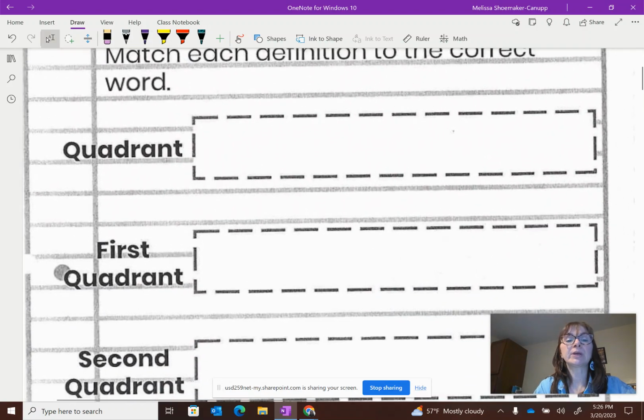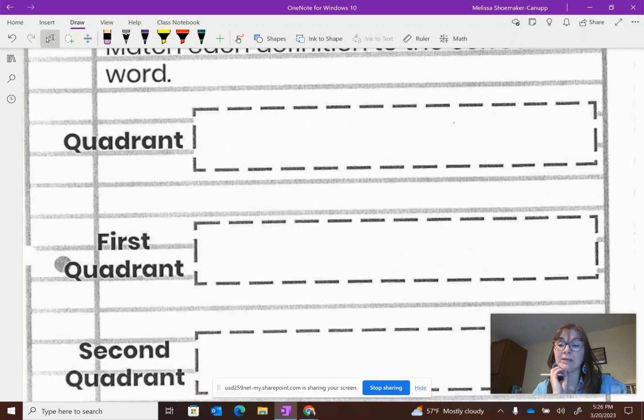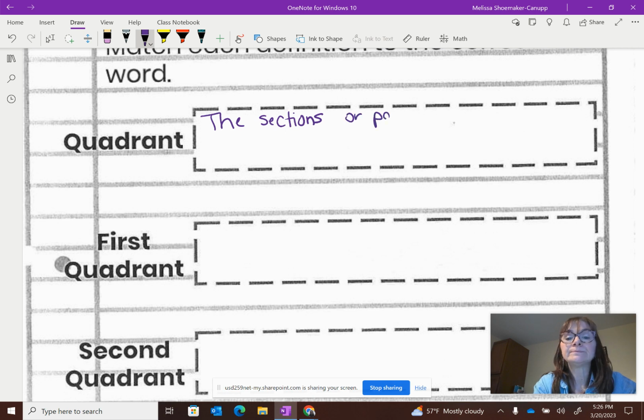Okay, so we're going to write it in our book and then take a couple minutes to put that in our glossary. So the quadrant, these are the sections or parts, however you want to think about it, of the coordinate plane.